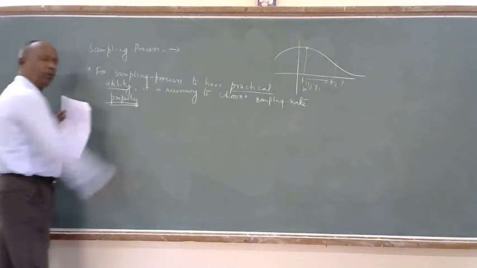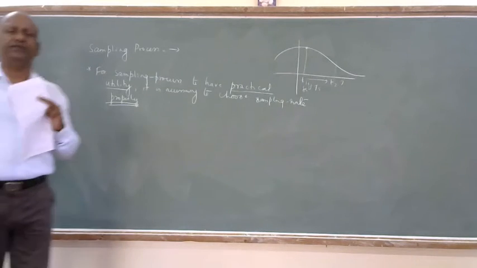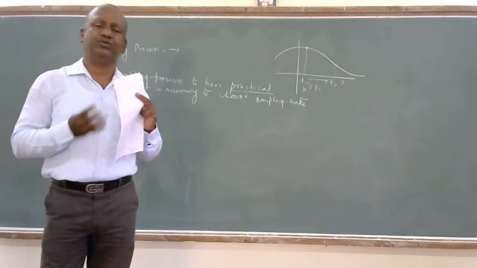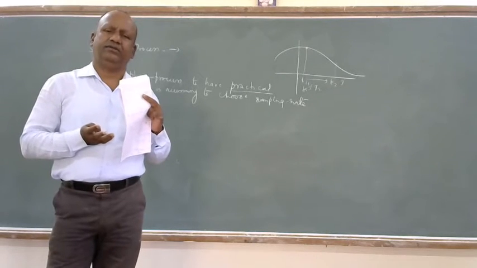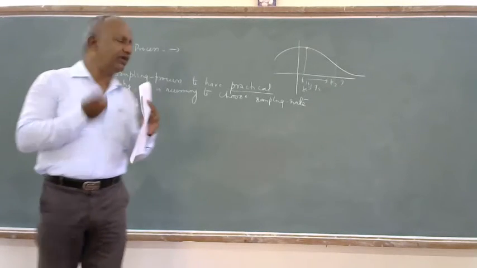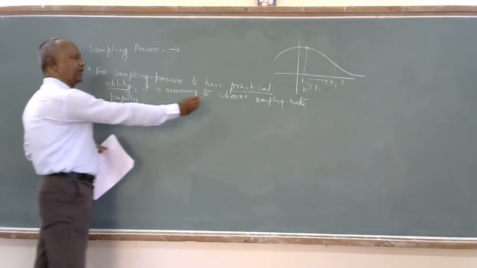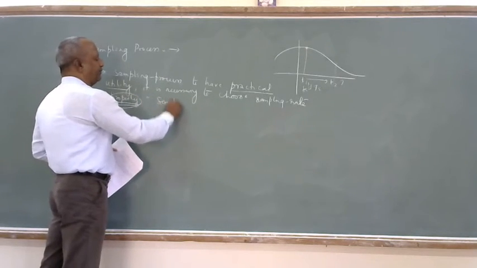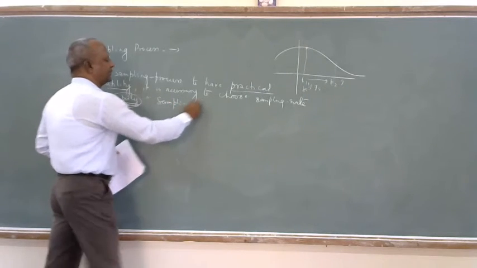This word properly: I have to select the sampling rate. Then what does properly mean? That word properly, the selection of the sampling rate itself, is explained by the sampling theorem.